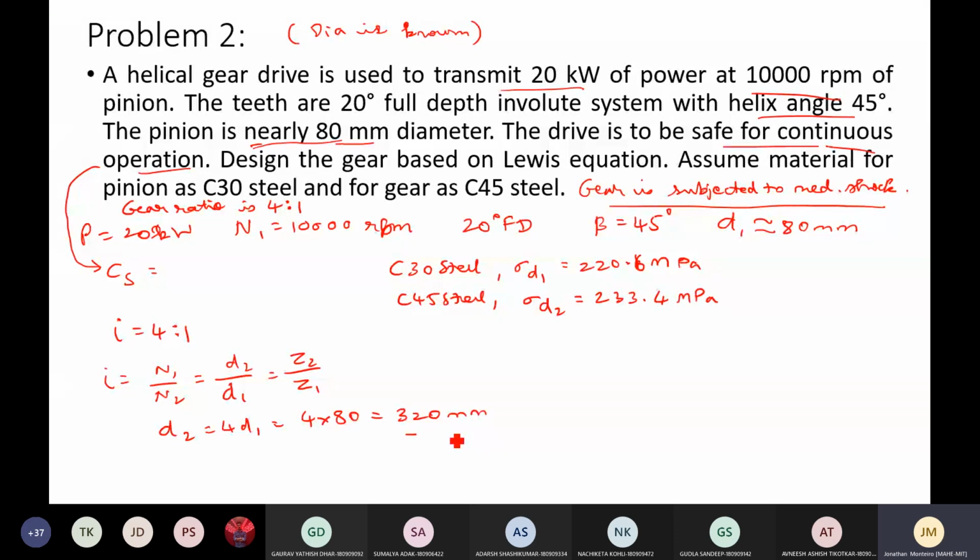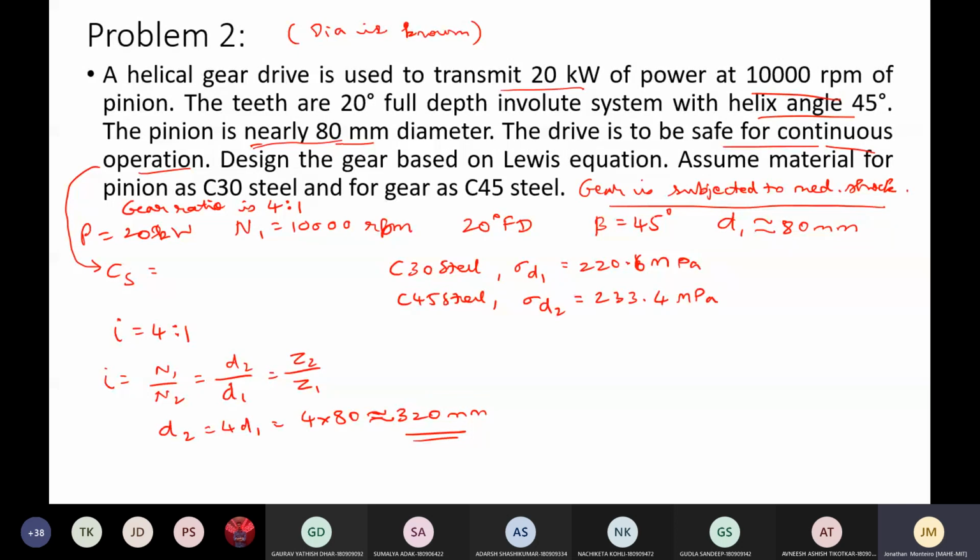I can say approximately, again, because it is nearly 80 mm diameter that was given for D1. So on similar lines, D2 is approximately equal to 320. Now to find out the weaker member, before that, let us just finish off this one.